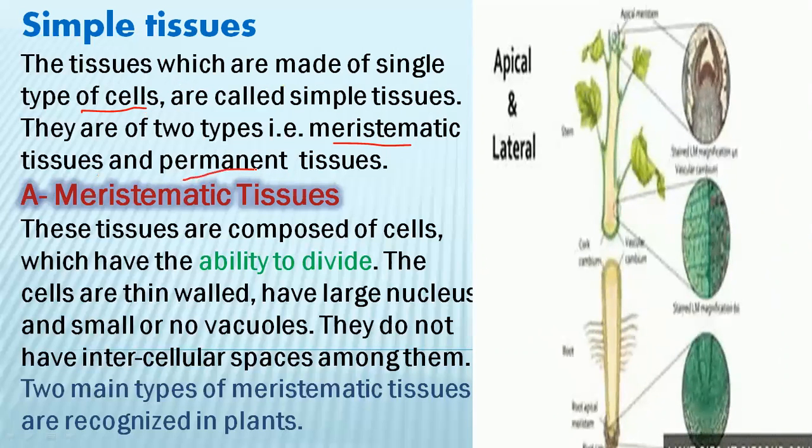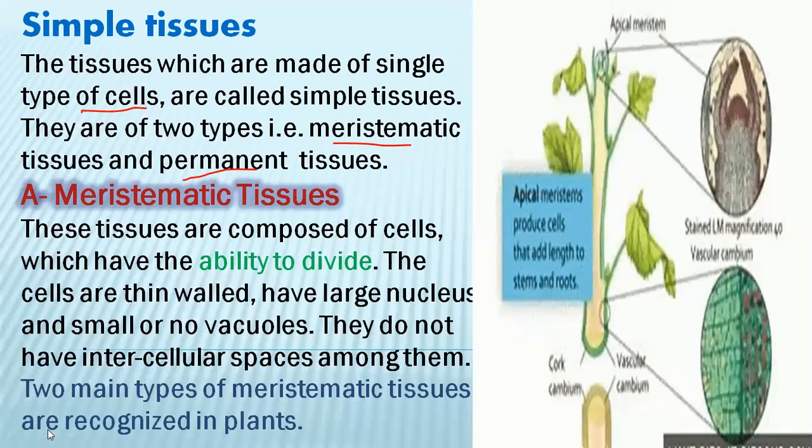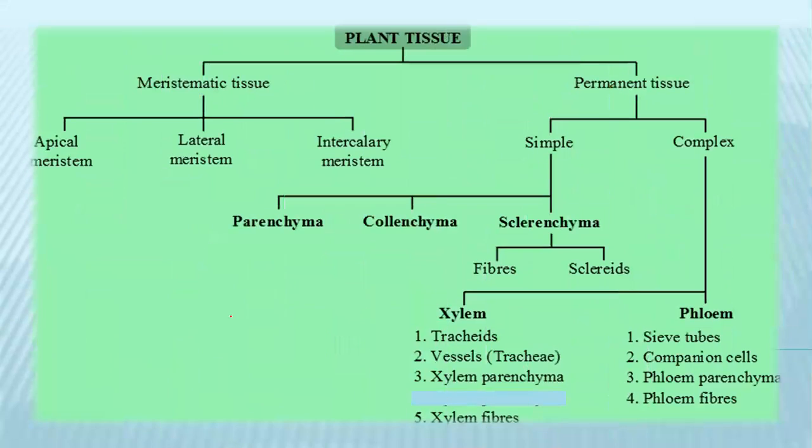Permanent tissues are also simple and complex, which we have seen before. So we can write simple tissues and then permanent tissues. In simple tissues there are meristematic tissues, and in permanent tissues we also have simple and complex tissues.